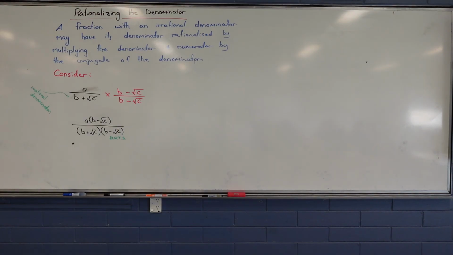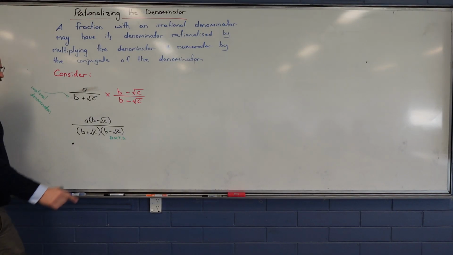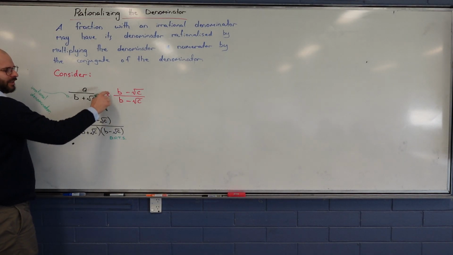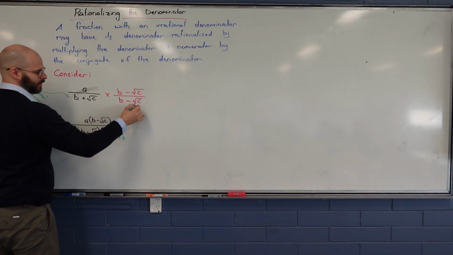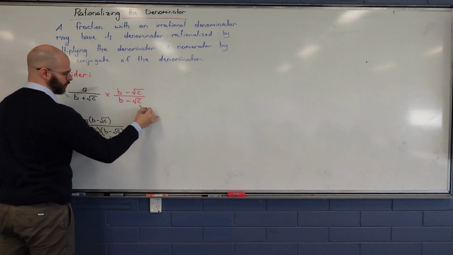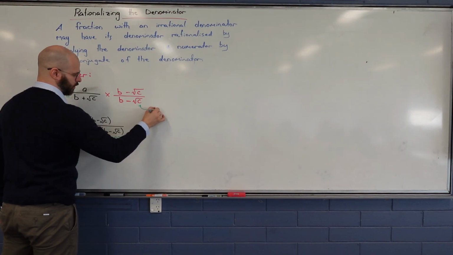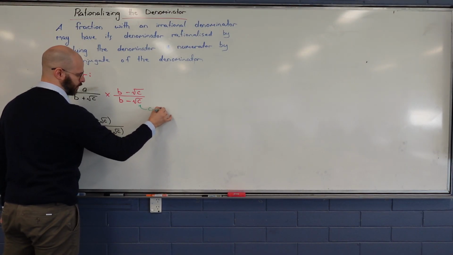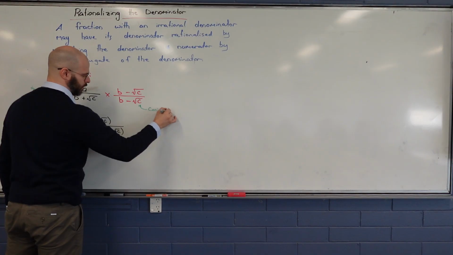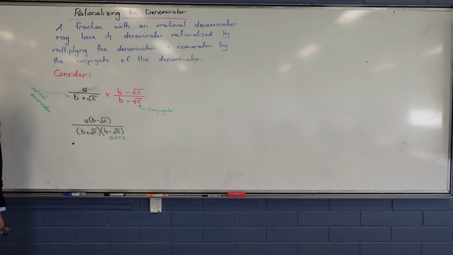So this is just the theory at the moment. This is the rule we follow. Before we move on, the upstairs and the downstairs we have here, this is called the conjugate. Conjugate.